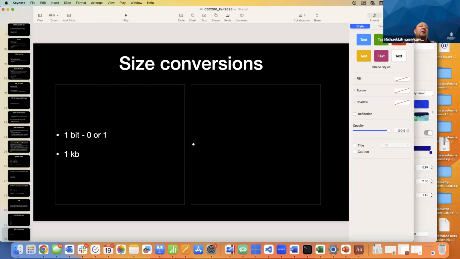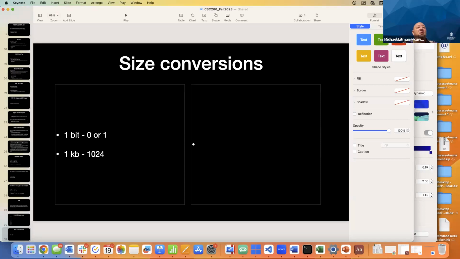Actually, it's small k, small b is usually the comparison. You can usually tell the difference on the b. So a bit has a lowercase b, a byte uses an uppercase B. So 1 kilobit is 1,024, not 1,000.